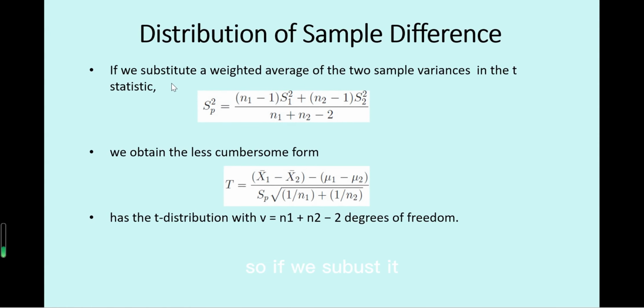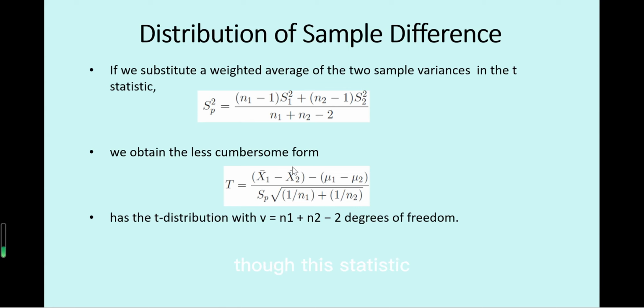So if we substitute a weighted average of the two sample variances in the t statistic, where Sp is the pooled sample variance of S1 and S2, then we can obtain a simple form: x1 bar minus x2 bar minus the difference of mu1 and mu2, divided by the pooled sample standard deviation times the square root of 1 over n1 plus 1 over n2.